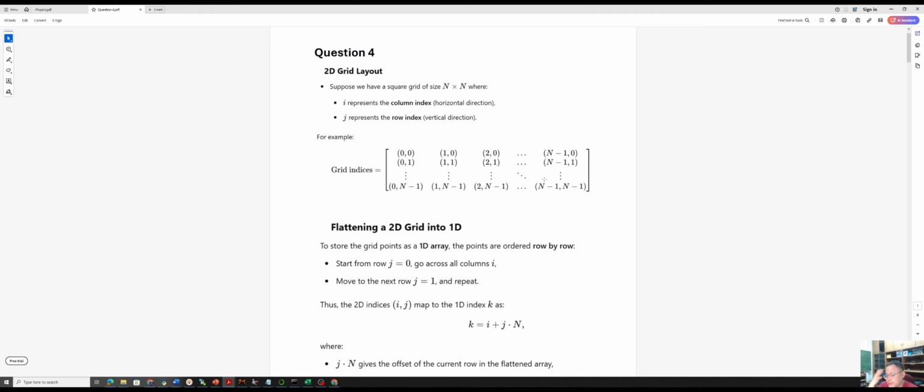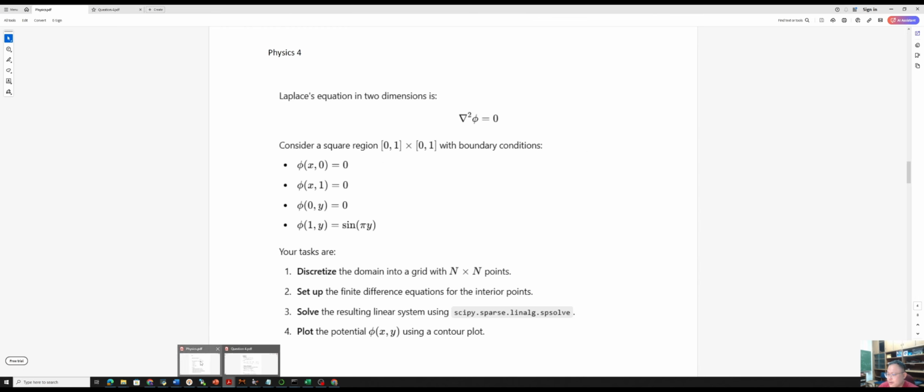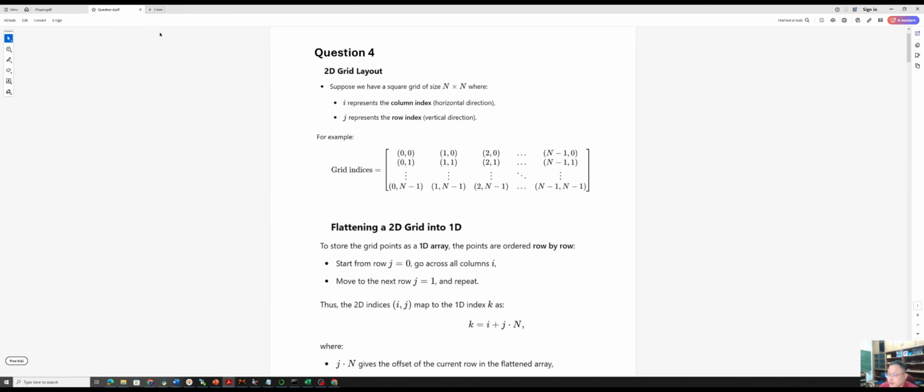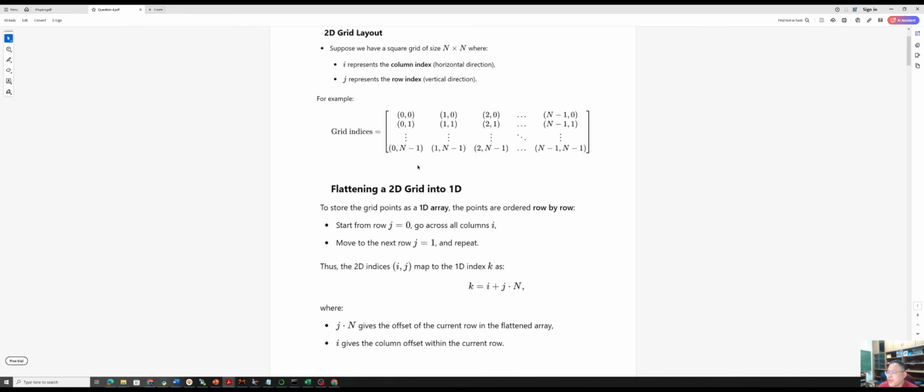In order to use a SciPy solution, you need to flatten it into 1 dimension. So how to flatten it? You can use index k equal to i plus j times n to flatten it so that you can track each element by using the equation.